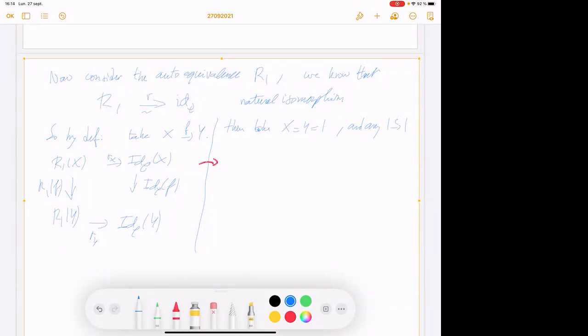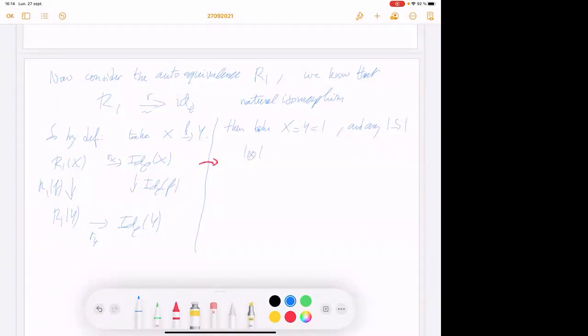So you write what is R1, what is R1 of f, etc. So you have R1 of 1, but this is in fact 1 tensor 1. Because here R1 of x is x tensor 1.